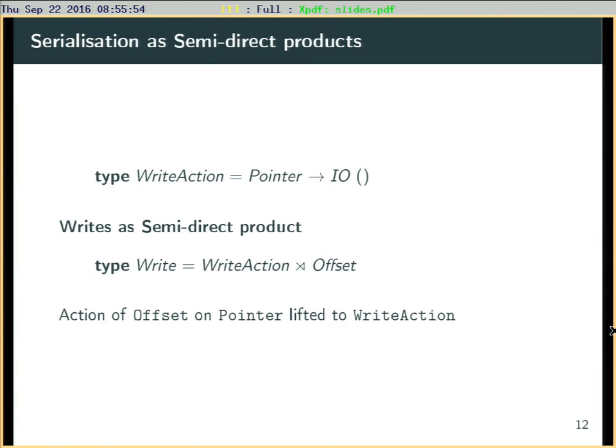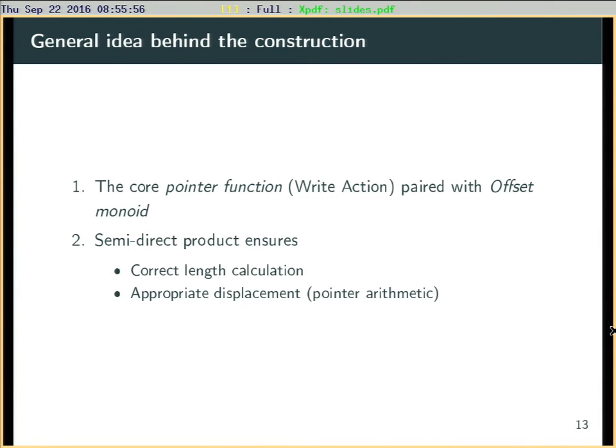So, what is the general idea behind this construction? There is a core pointer function, in this case the write action, and it is paired with the offset monoid to keep track of the length. And the semi-direct product ensures that the correct lengths are calculated and appropriate displacements are done.